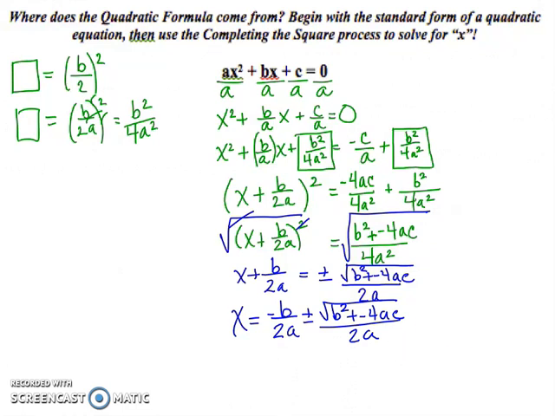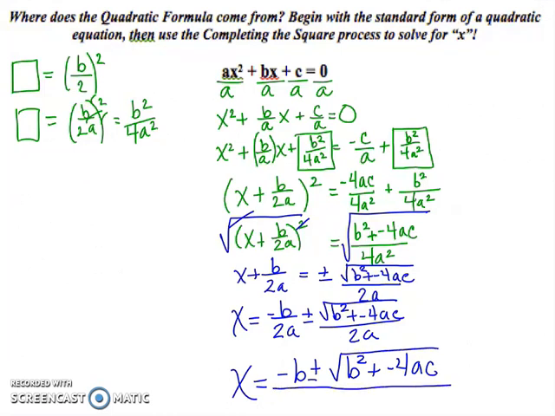And since I have a common denominator, I can write this as one expression. So I have just derived the quadratic formula. X equals the opposite of b plus or minus the square root of b squared plus negative 4 times a times c, and this entire thing is over 2 times a.